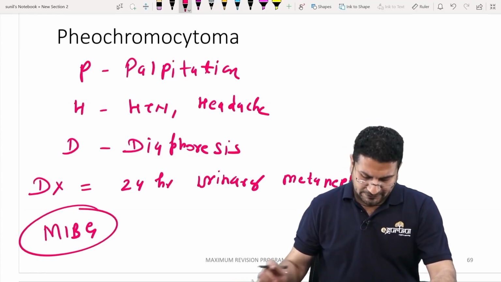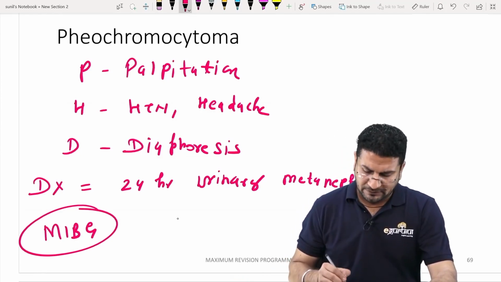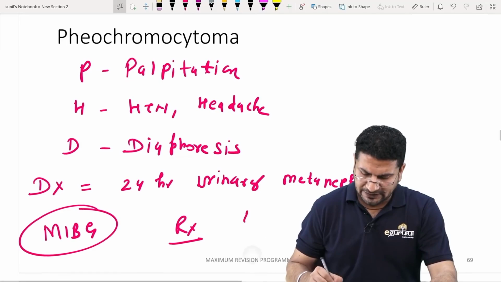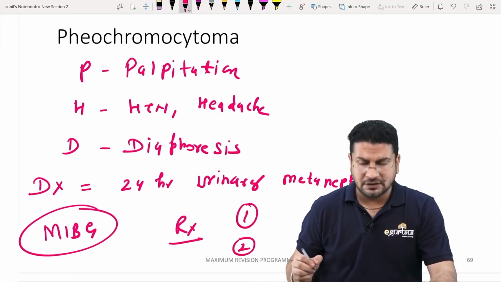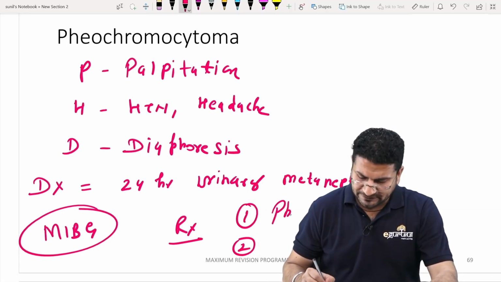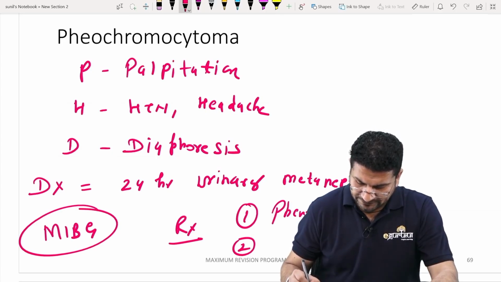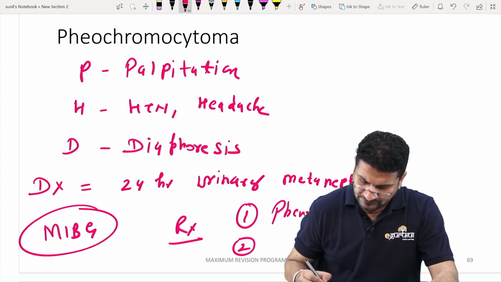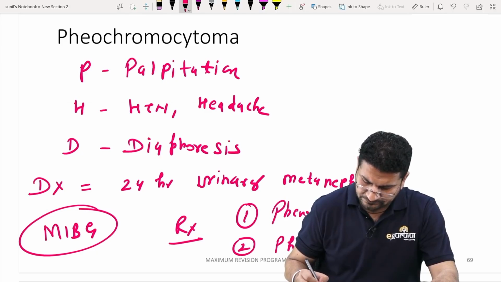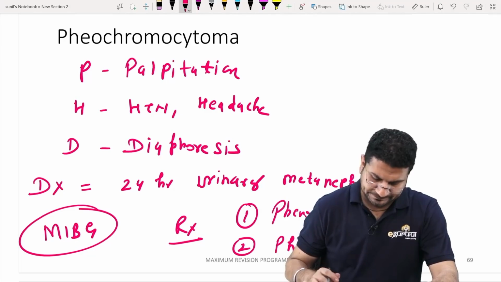It is the meta-iodobenzylguanidine scan that we use for pheochromocytoma. How do we manage? Generally we use two drugs to treat this condition, that is phenoxybenzamine and phentolamine.